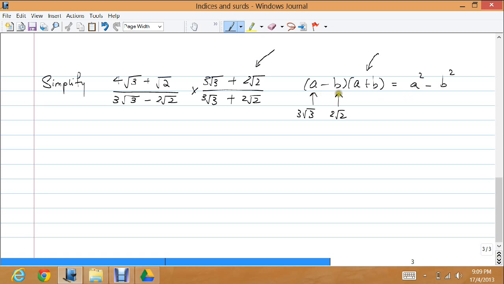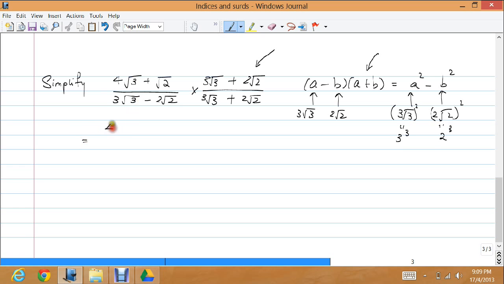So if I have a minus b times a plus b, I get a squared minus b squared. In this case, a squared is 3 square root 3 squared, and b squared is 2 square root 2 squared, which ends up with 3 squared times 3, 3 cubed, and 2 squared times 2, 2 cubed.